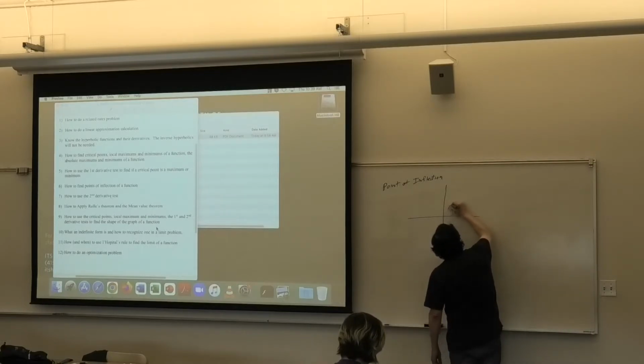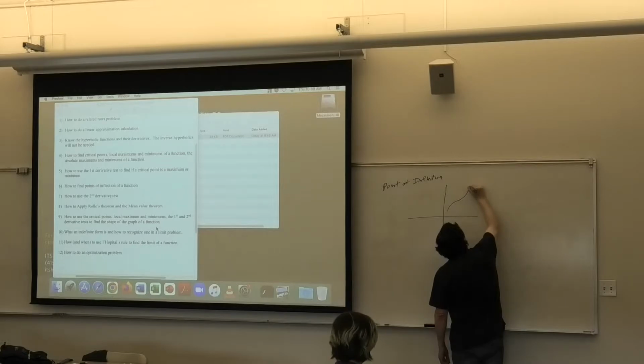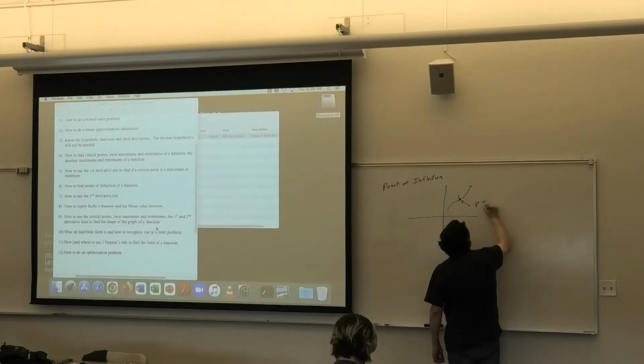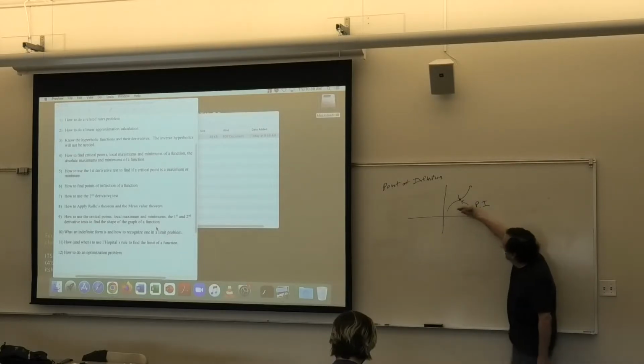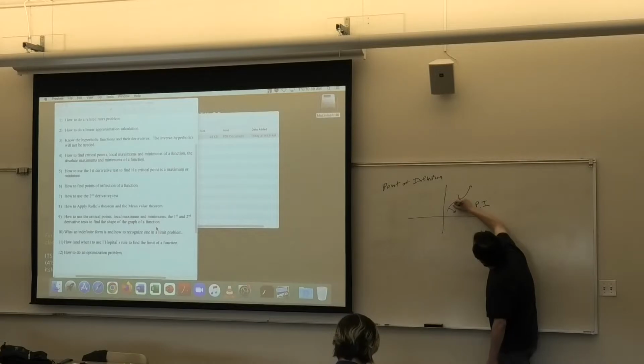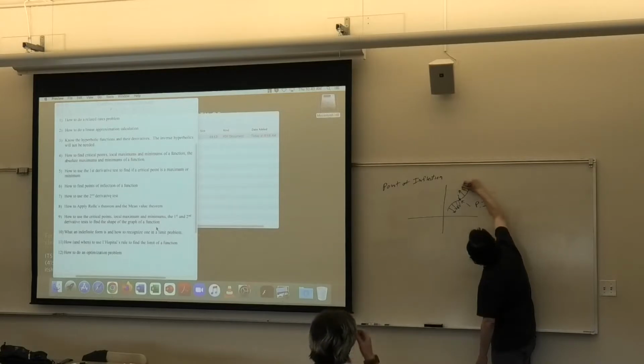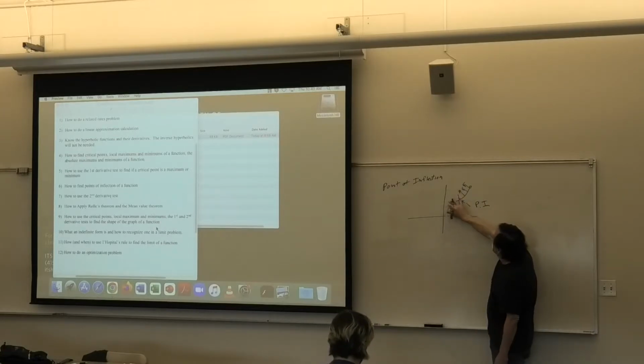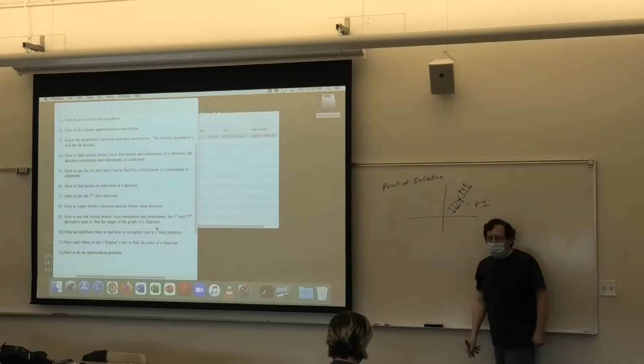You have a function that is curved down, and then at some place starts curving up. And where it changes, that's the point of inflection. I hope my diagram is clear. This has a curvature which is down, and over here it has a curvature which is up. So if you saw a picture, you'd know that that's where the point of inflection is.